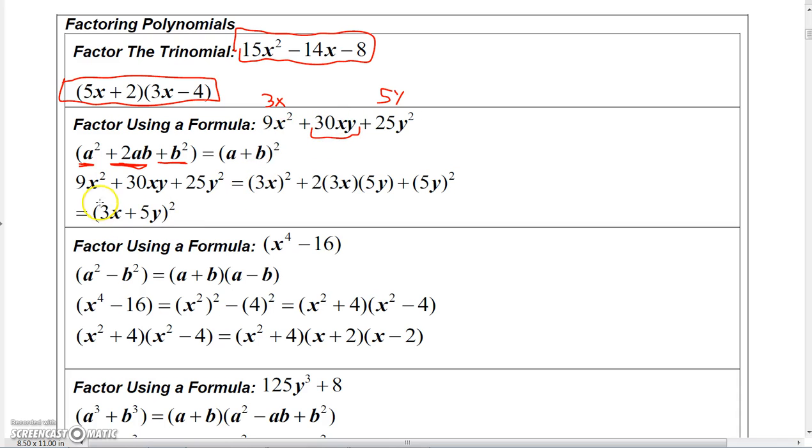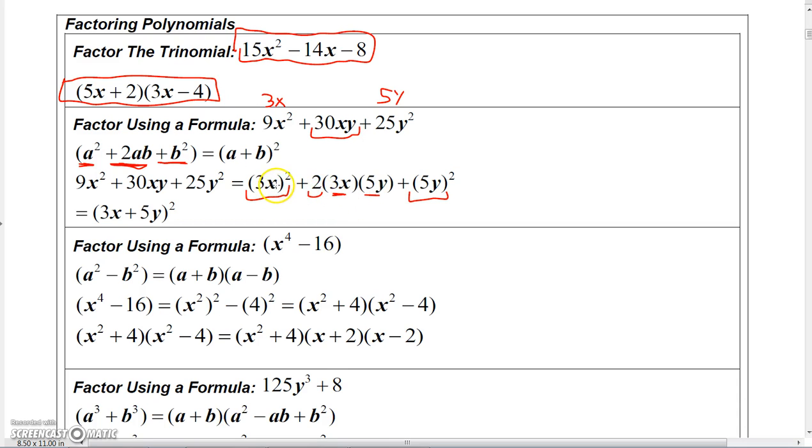And if you look at it, I can actually show you here. See, 9x squared is the same as 3x quantity squared. And 25y squared is the same as 5y quantity squared. And then this 30xy is actually double or twice the product of those two roots, 3x and 5y.